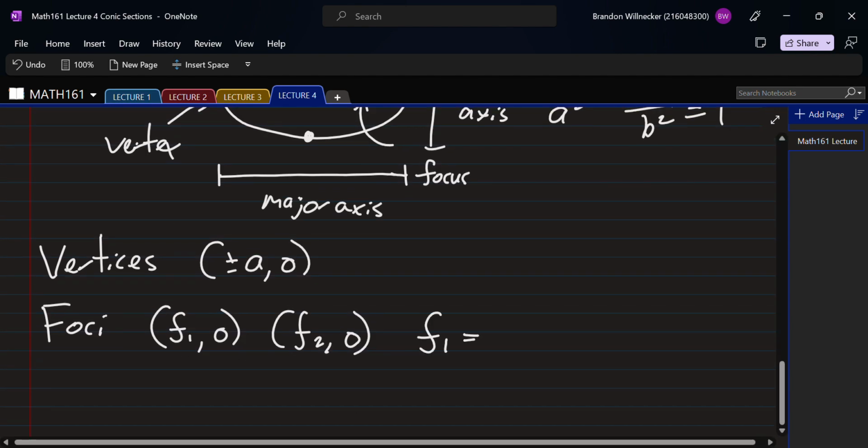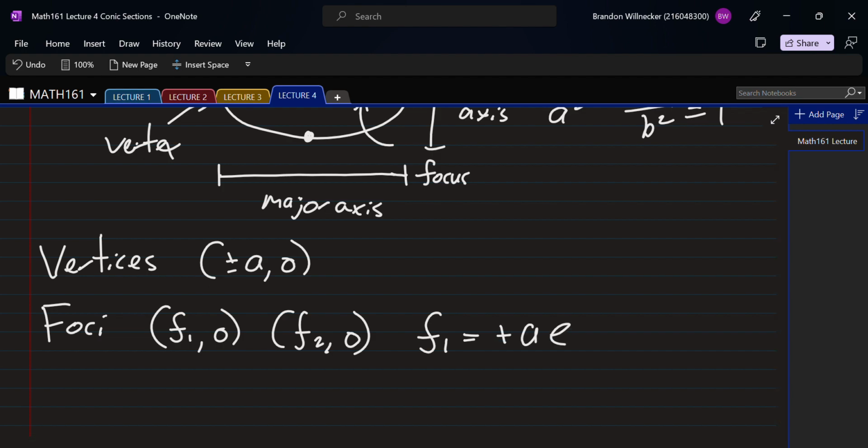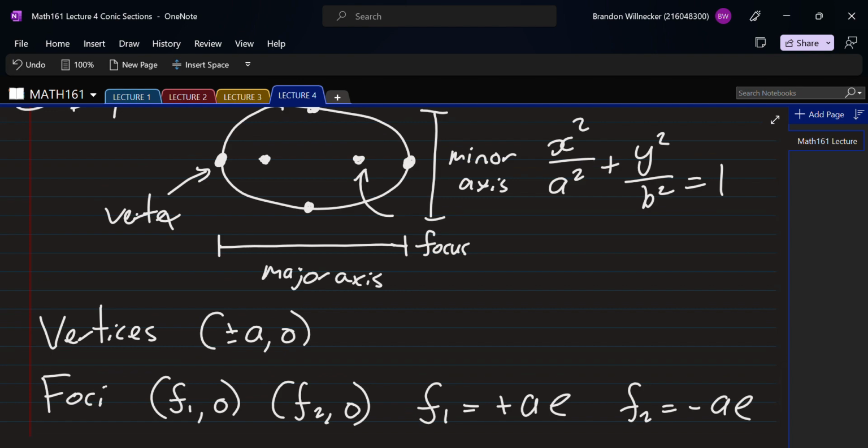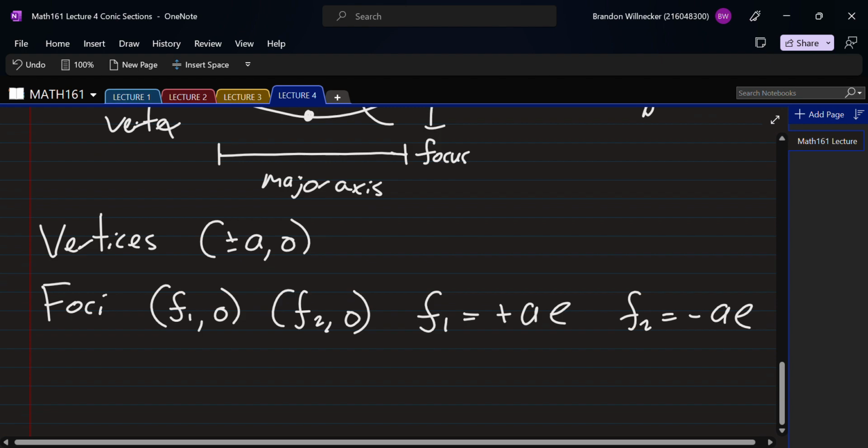So f1 is just plus a times the eccentricity. Okay, that's pretty easy to calculate. And f2 is minus a times the eccentricity. So we have the symmetry as expected. Since the shape is symmetric, we expect that we get mirror images of the vertices and the foci.